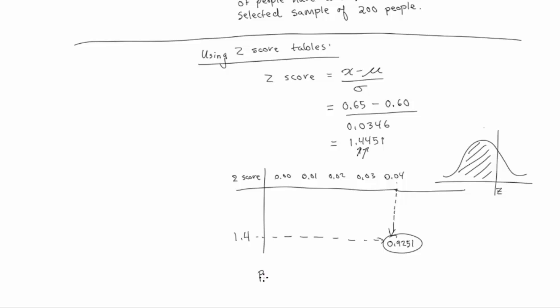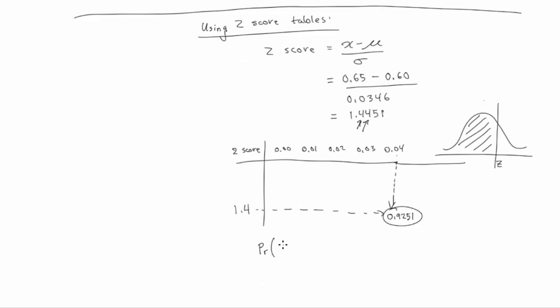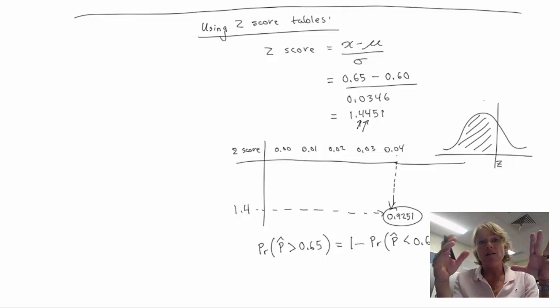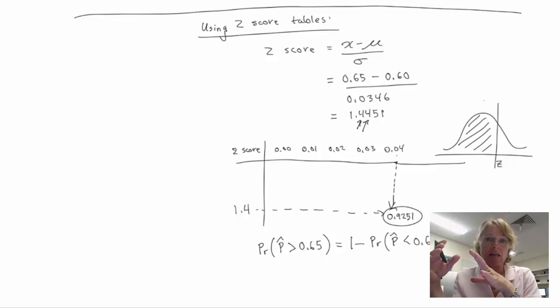So the probability that the sample proportion is greater than 0.65 equals 1 minus the probability that the sample proportion is less than 0.65. Now this uses the identity from chapter 14 that the probability that variable x equals x equals the probability of the corresponding Z-score. That was an identity we talked about in chapter 14.